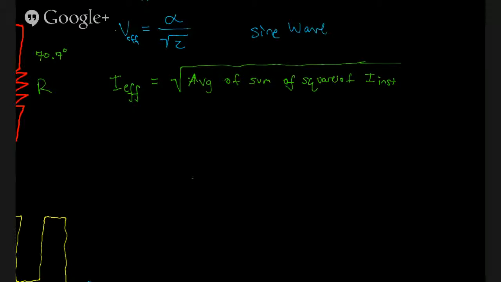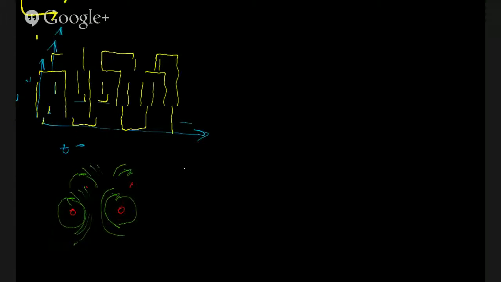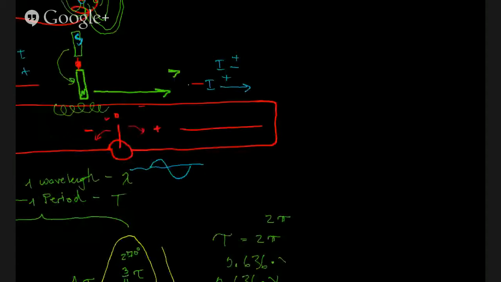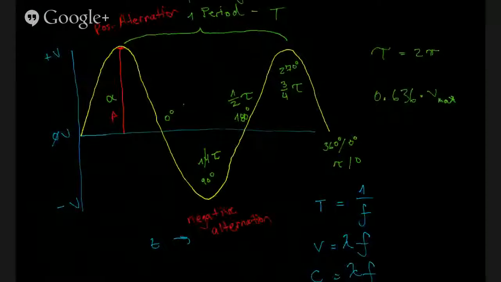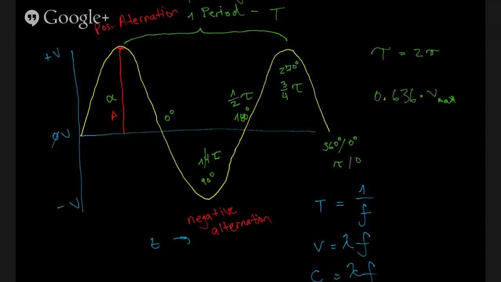So let's look back at our sine wave here. To draw this waveform, there's a few ways we can do it, but we have a few devices to make it easier. We use an oscilloscope, which plots points. It samples.